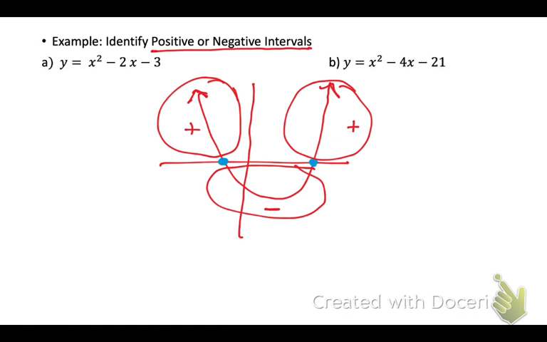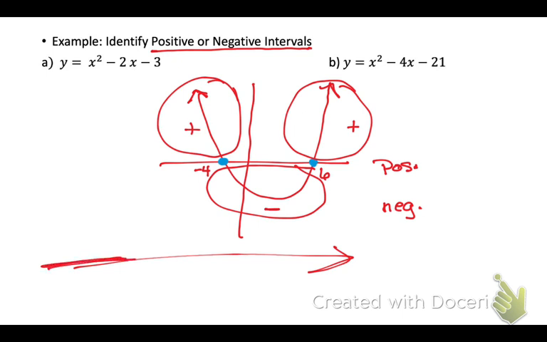So if I said this is negative 4, and this is 6, I just write it on my paper so I can go across my graph left to right. Where am I coming from over here? Negative infinity to negative 4, it is positive. Remember doing this before? Yes.